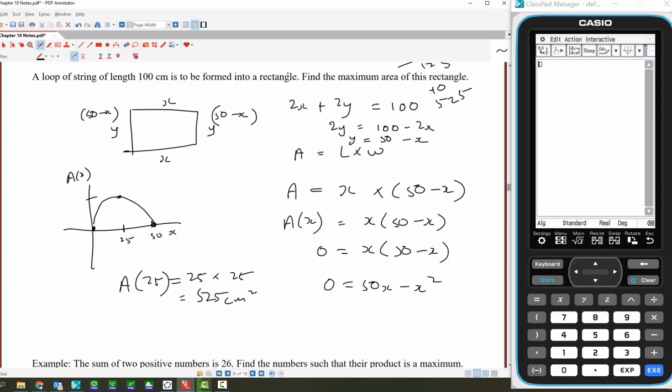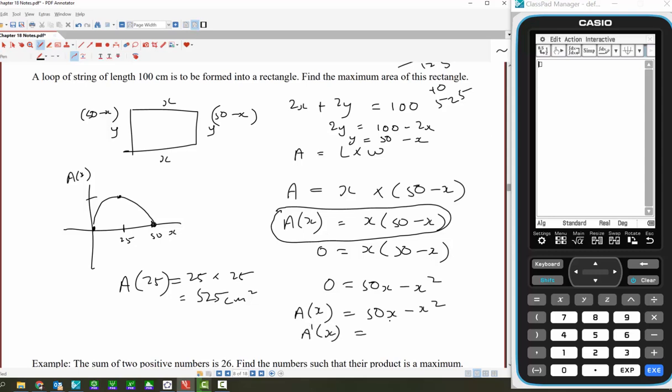Now you might be going, yeah, well, so what's the big deal? Why is this in calculus then? Well, once we've got this area function, we can use calculus to hunt for the stationary points. So I'm going to rewrite A of x in this form here, which is 50x take away x squared, and get my gradient function.